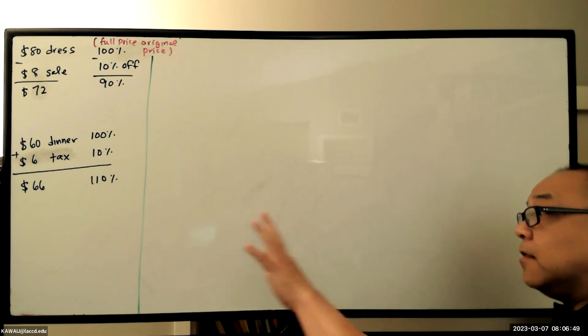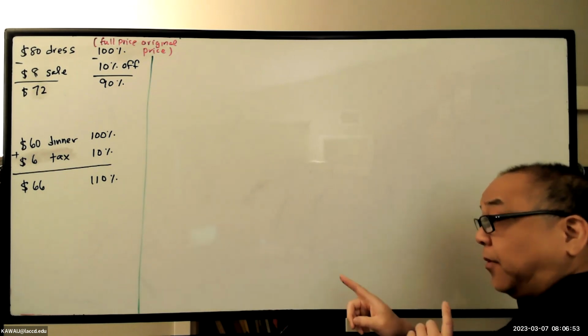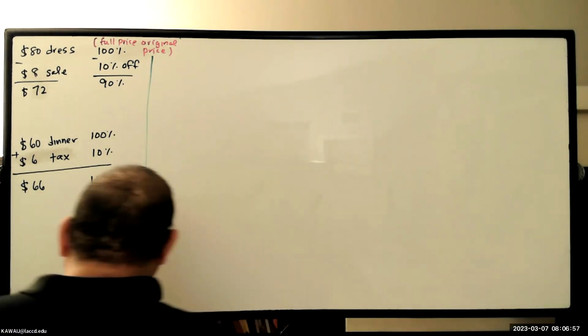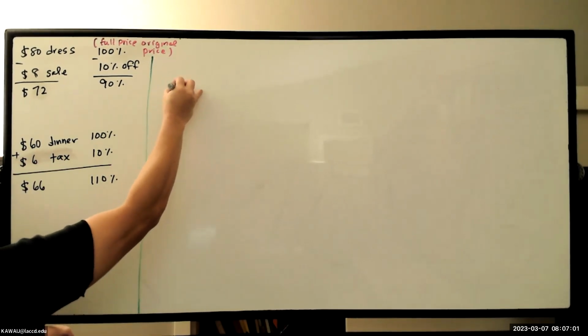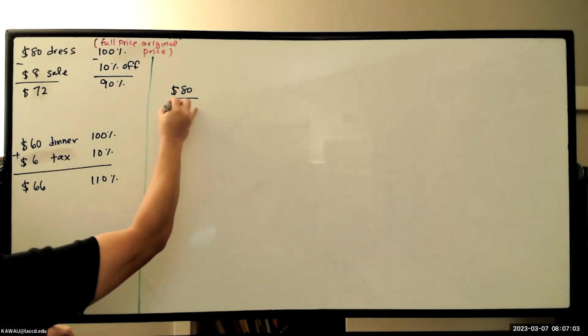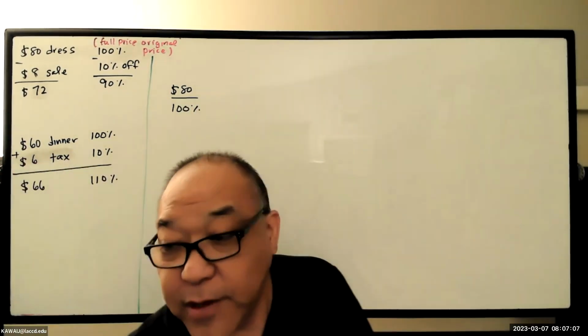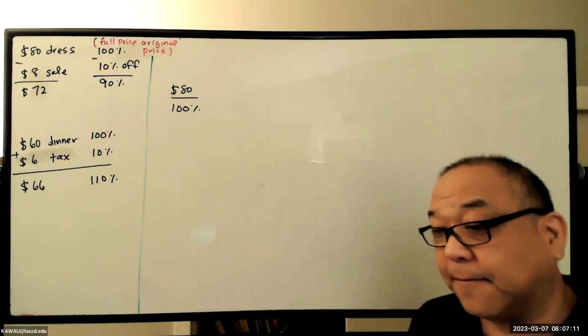Now, let's go through one more step, and then we'll tie these two together. So if I have an $80 dress, that's 100% of my dress. Remember that whenever we say full price, original price, that's 100%.